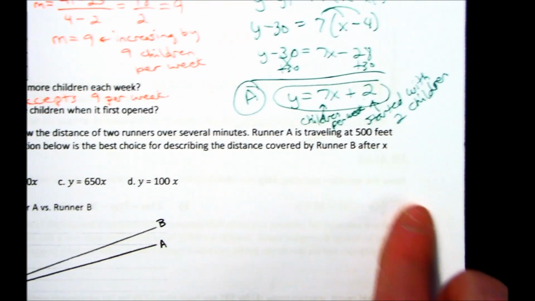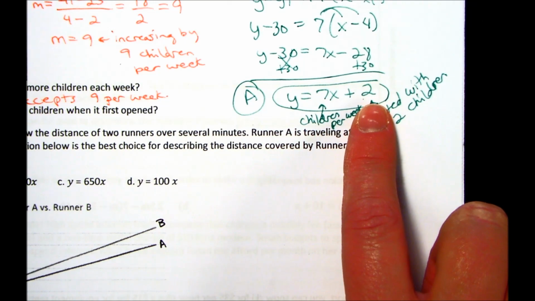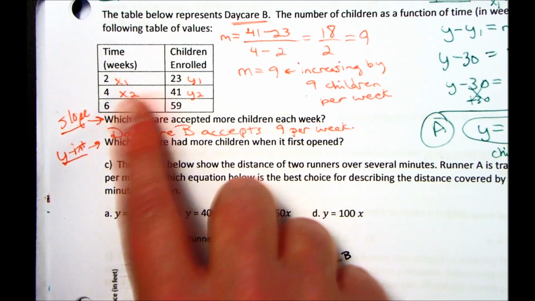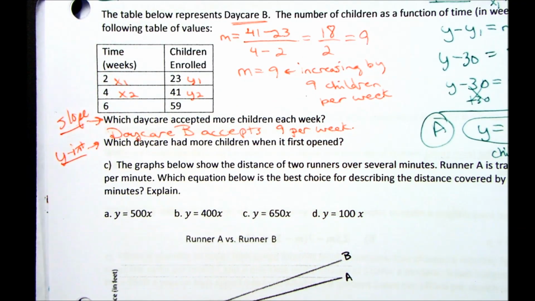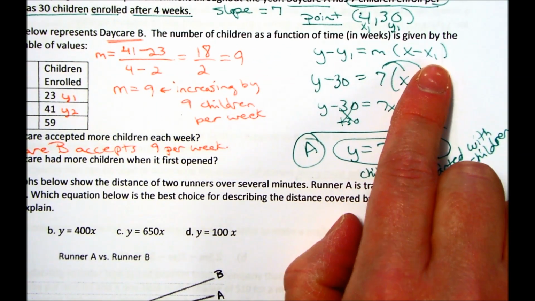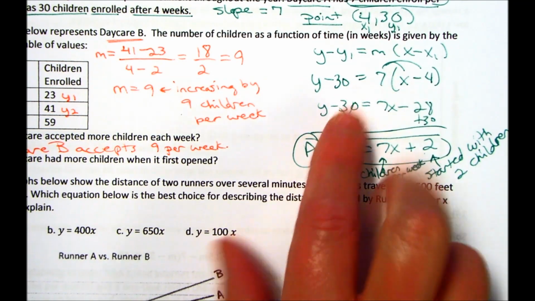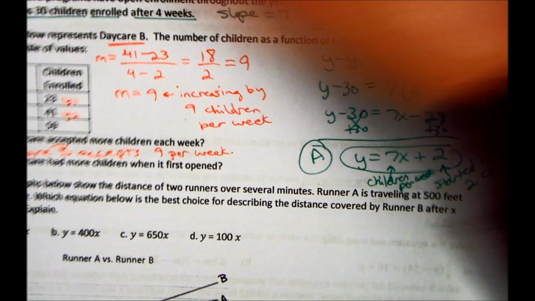The y-intercept for daycare A was 2, so that was what they started with. So we do need to find the y-intercept for daycare B. To do that, you can use point slope form again, plug in the slope and one of the data points, and then put it into slope-intercept form.